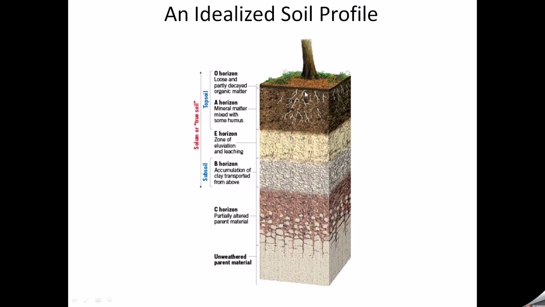So let's look at the soil profile. Here at the bottom we have an unaltered parent rock, and then above it partially altered parent rock. And then we have this zone, the leached, the clay zone, which is accumulation of clay transported from above. And then above it there's this light zone, which is the zone of eluviation and leaching.